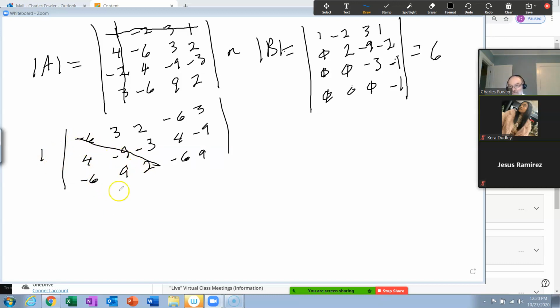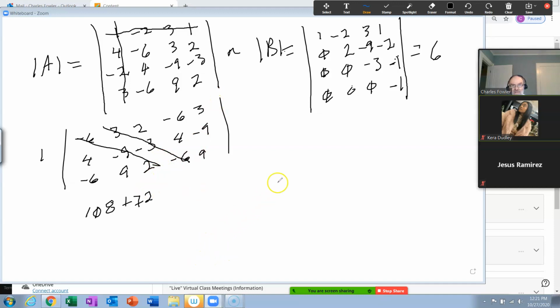That's a 54 times 2 is 108, I think it is. Everybody agree? 54 times 2 is 108. Next down diagonal is going to be 9 times 6, that's 54.